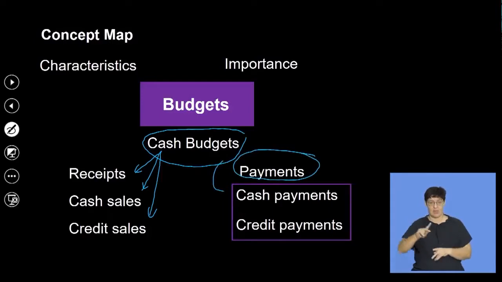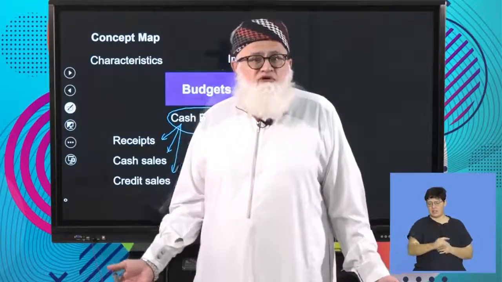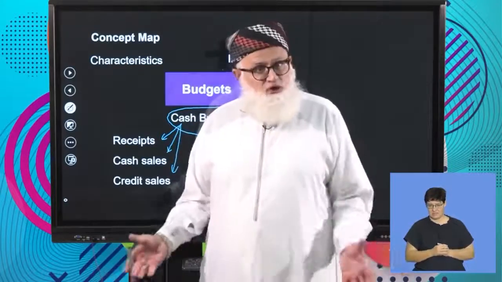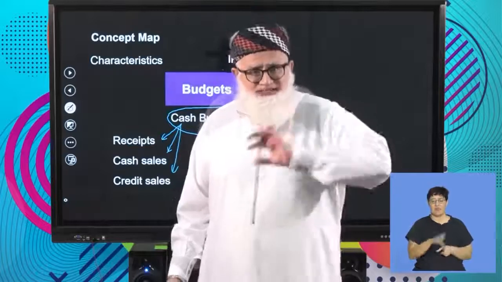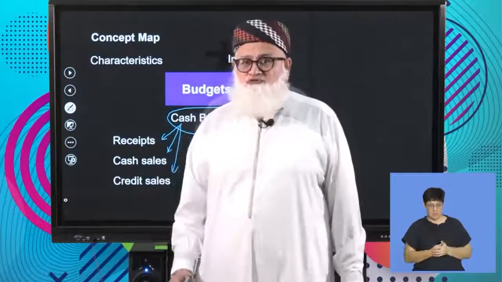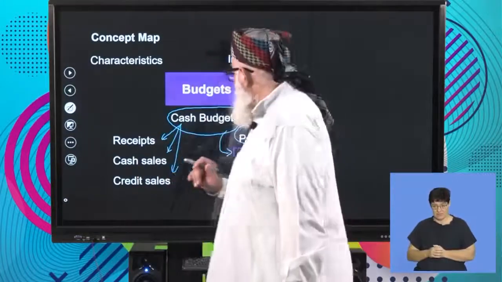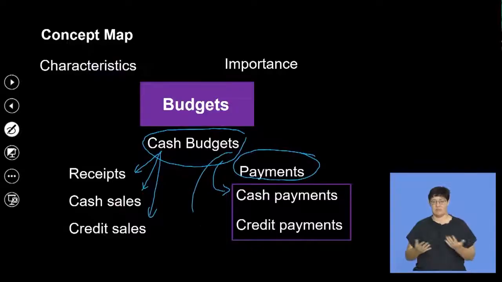Obviously, your cash payments would just slot into your cash budget, because it's your cash payment of merchandise that was purchased. Like your cash sale was a component that went straight into the cash budget, your cash payments under the payment section of your cash budget will slot in. However, what happens now with the creditors' payments? Now think about this.